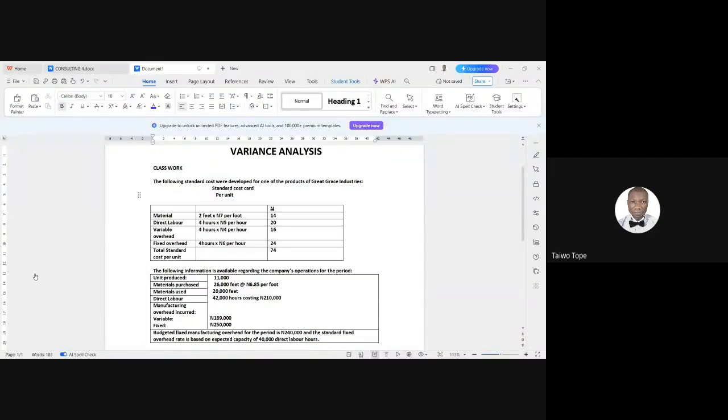So by now, we should have the value of our material price variance.